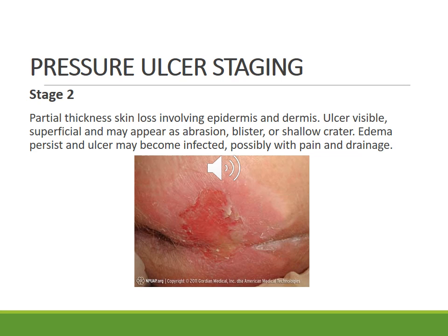Again, we said that pressure ulcers are very painful. This is a very sore area. We're seeing that top layer becoming involved. And again, we want to really take the interventions if we see this, to document this and try to get the patient off of this area.